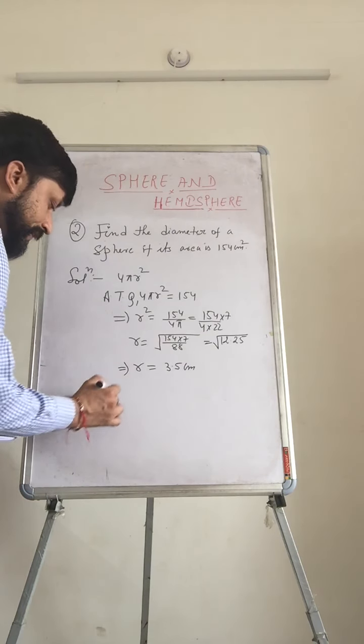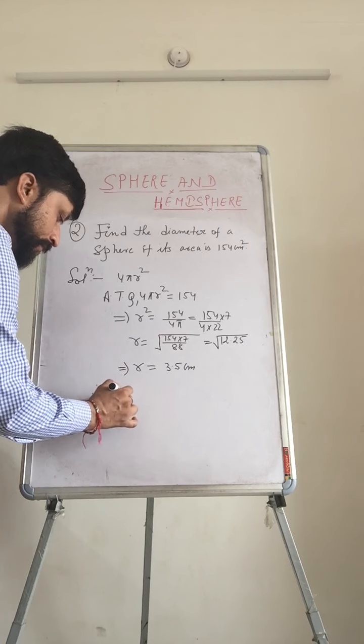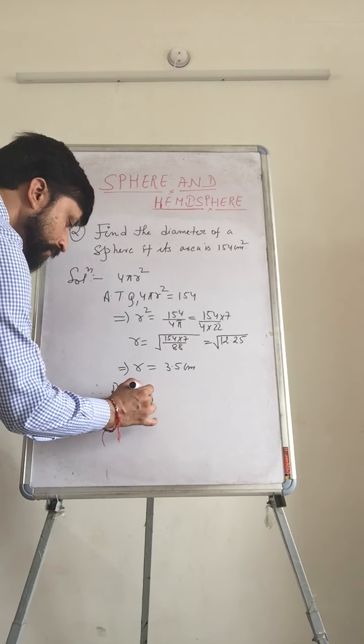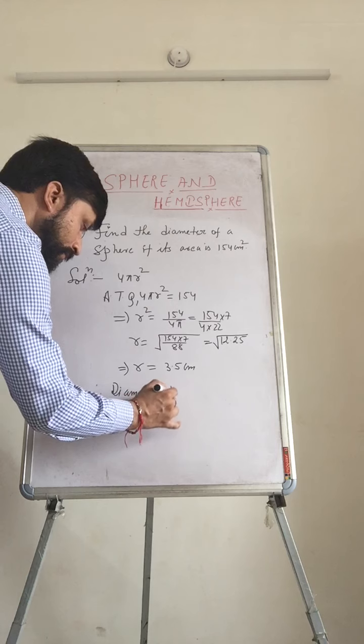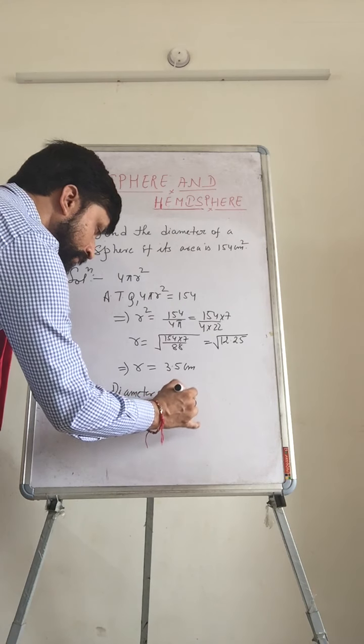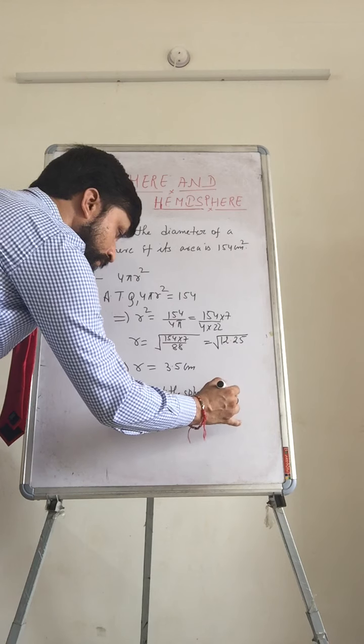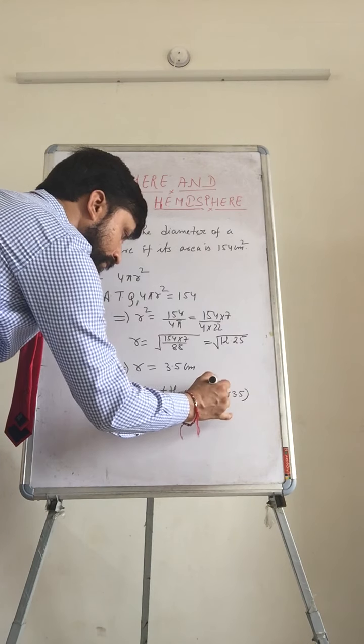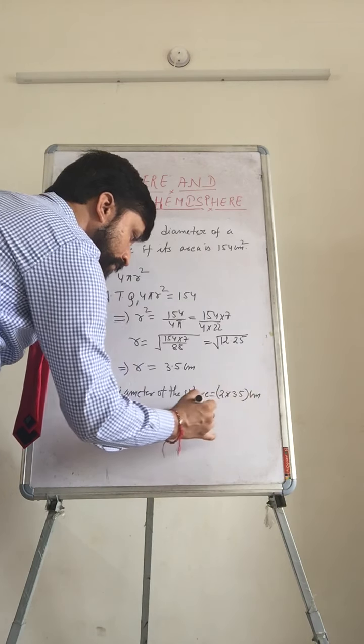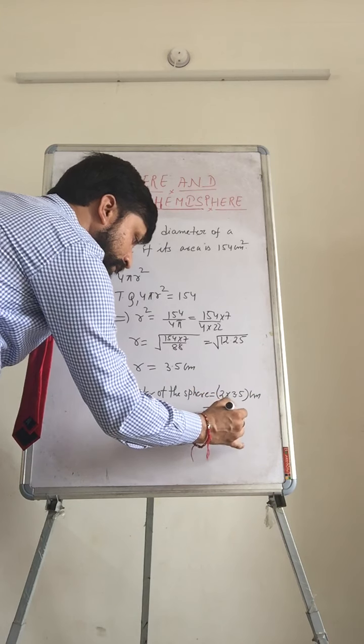Therefore, diameter of the sphere equals 7 centimeter.